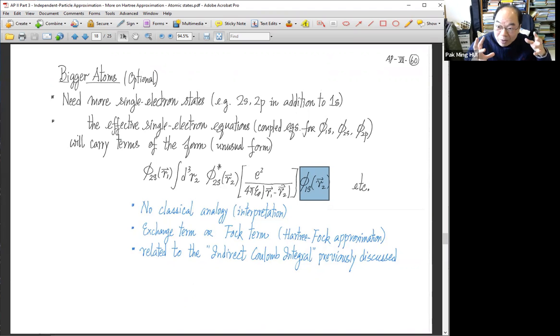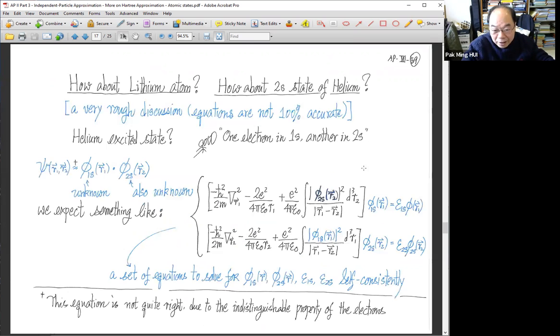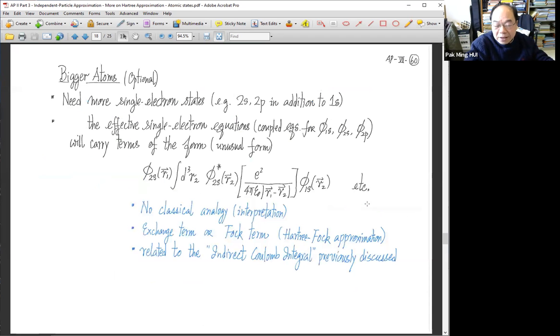So when we look at the indistinguishability of the 2 electrons, then this kind of term will come in as an extra term here. I still have another term, and that is called the Fock term, but still you have 2 equations to iterate.